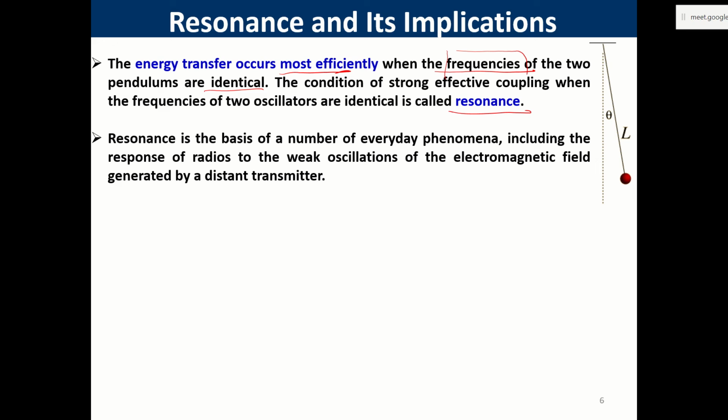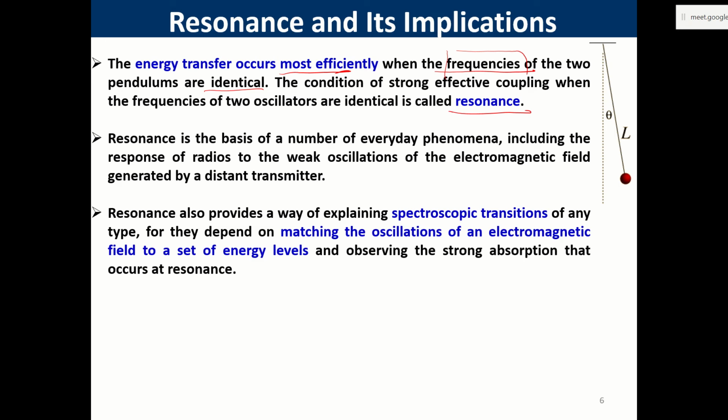All the tuning that you do in radios is an example of resonance. Again, the transmitter and receiver are matched. Resonance is also the basis of your spectroscopic transitions. Remember the microwave spectroscopy and infrared spectroscopy that we have discussed.